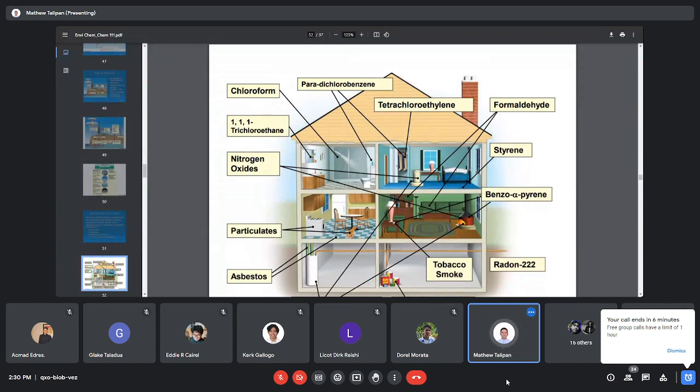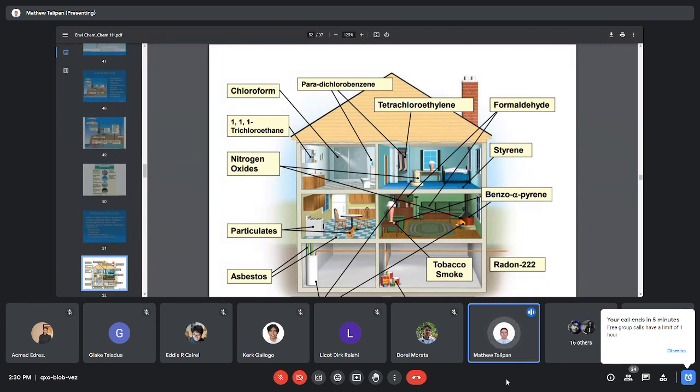Even insecticides, let's say mosquito repellent, especially those which are artificial and contain chemicals. We have natural insect repellents, those with formulations of citronella. So try to check if you can find them in the supermarkets with citronella formulation. This is an effective insect repellent.